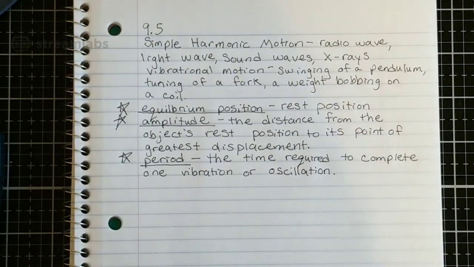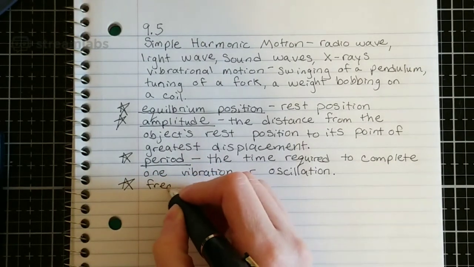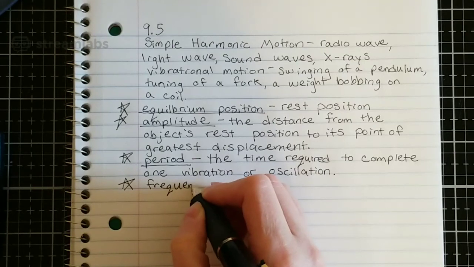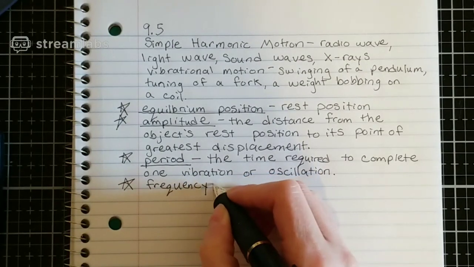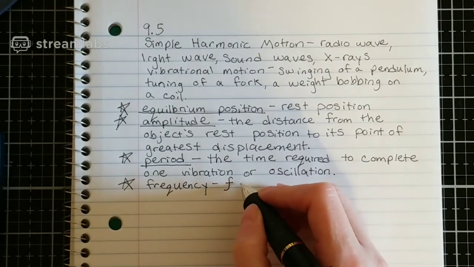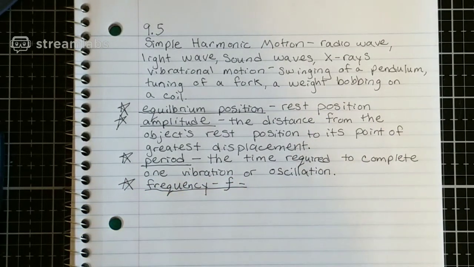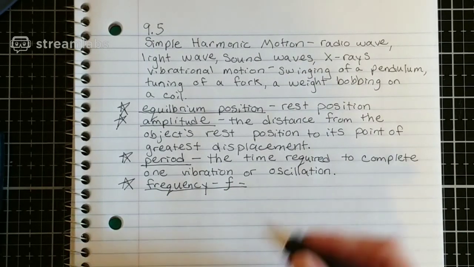Okay, and then we have frequency. And the book gives it like a really fancy F as the notation for frequency. But that's the number of oscillations per unit time.